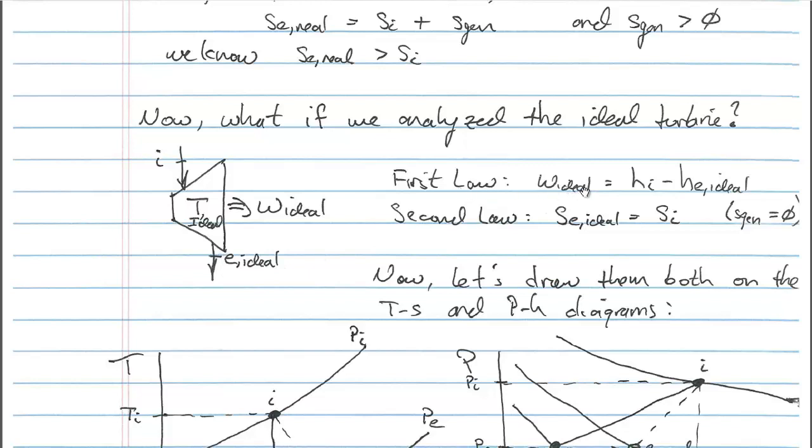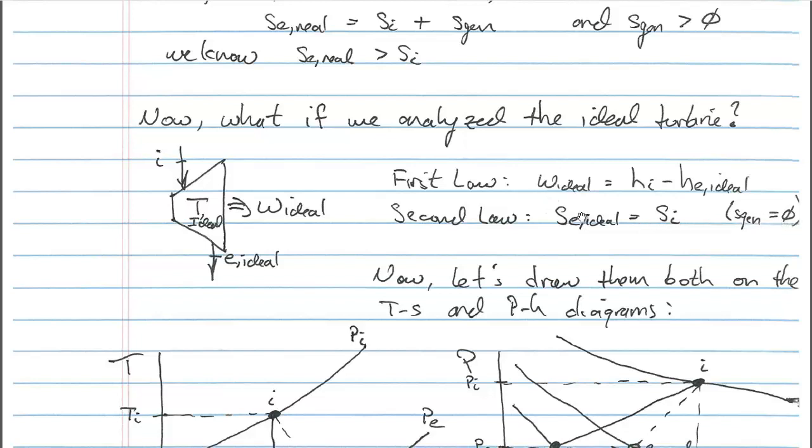So from the first law, we get that the ideal work transfer is equal to the inlet enthalpy minus the ideal exit state enthalpy. And, as we already showed above, the second law tells us that the ideal exit entropy, S_E,ideal, is exactly equal to the inlet entropy because our entropy generation is equal to 0.